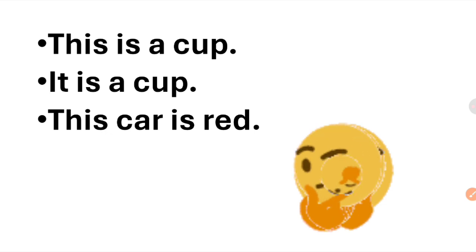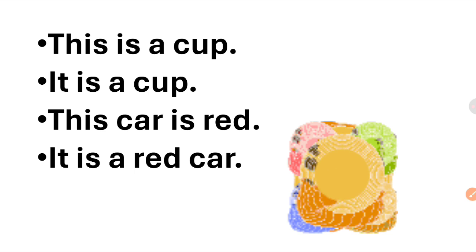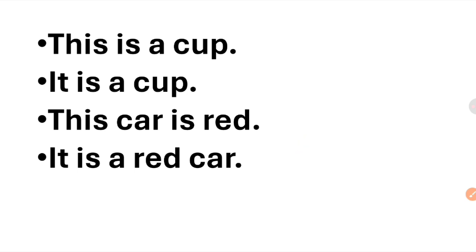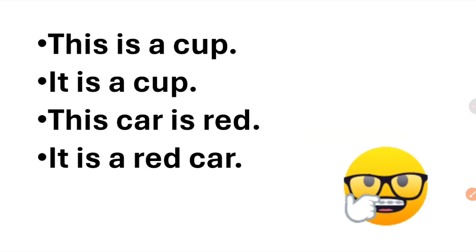Grammatically, is it right or wrong? Or should I say it is a red car? So what is the difference? Should I use it or this? Or if I use any one of them, is it considered grammatically correct? So you will come to know about these doubts, or about the answers of the questions which I am asking you, in this video.